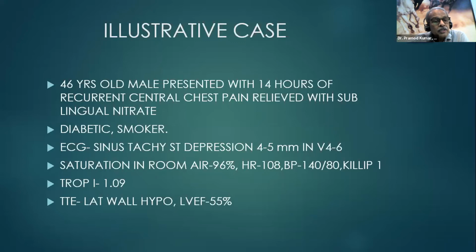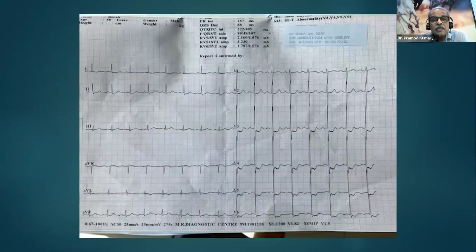We don't measure HS troponin yet in our hospital, so we measure Trop-I, which was 1.09. The transthoracic echo shows lateral wall hypokinesia, and this is the ECG shown here. You can see quite significant ST depression from V3 to V6. We'll discuss what we should do in this case, and I'll tell you what we did.